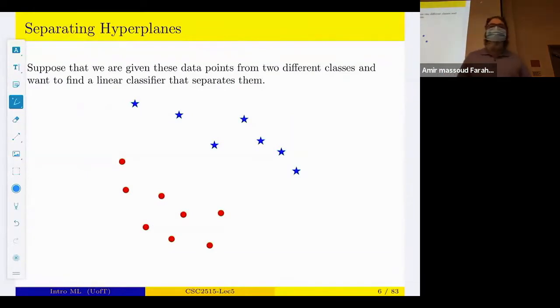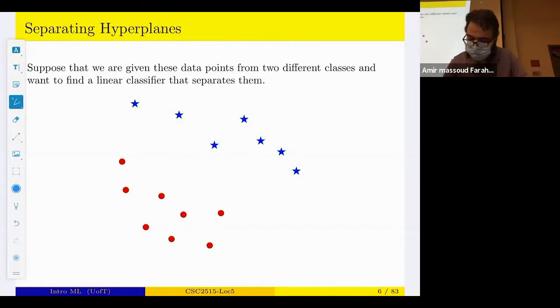Okay, suppose the setting is like this. We have this data, these stars and circles, blue ones and red ones. Each of them belongs to a different class, class -1 and class positive. We want to find a linear classifier that separates them. Maybe one question: how many lines can we find that separate this?